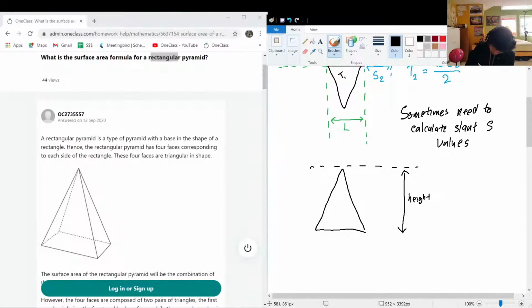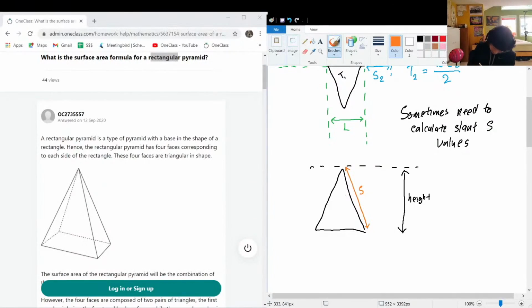And we are looking for the slant. I'll put that in a different color so it's more clear. Orange. So this is the slant that we're looking for.